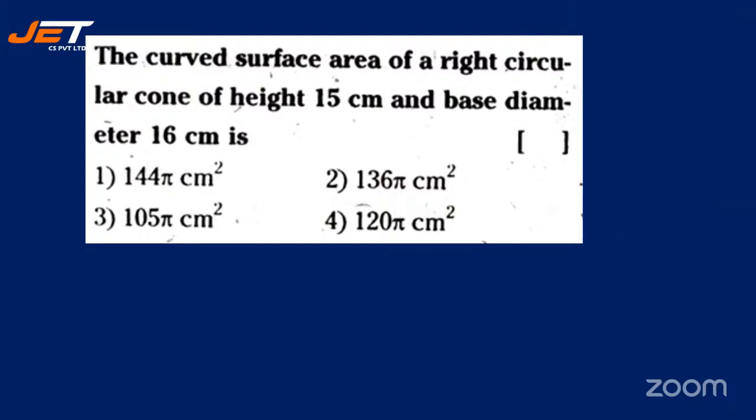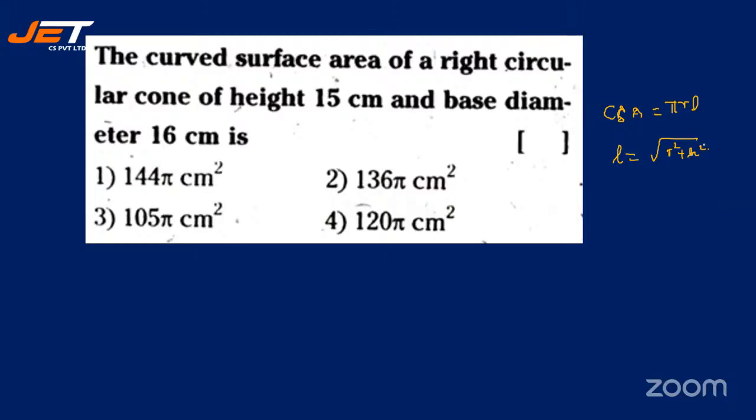All right, so I'll quickly just write down so that you all can see. CSA is pi RL, where the slant height is root of R square plus H square. All right, yes. So you have the height is 15. Base diameter is 16.